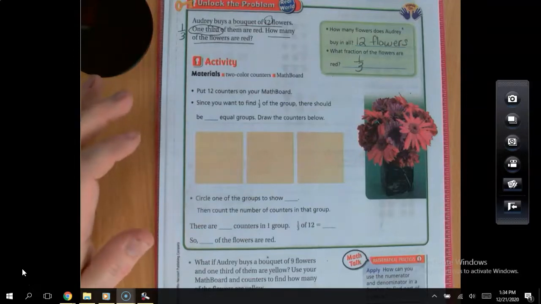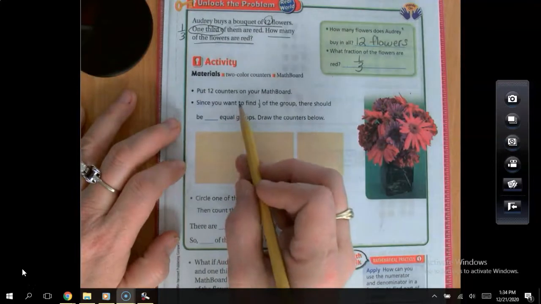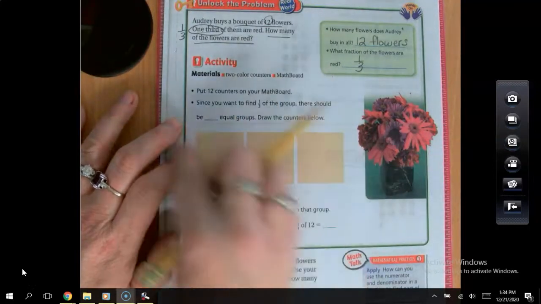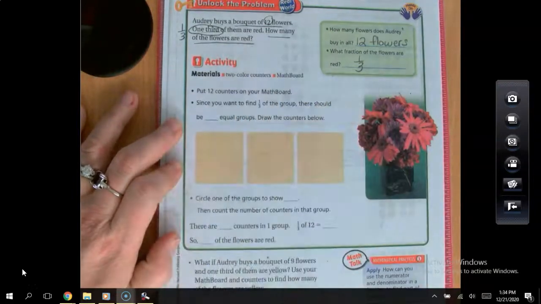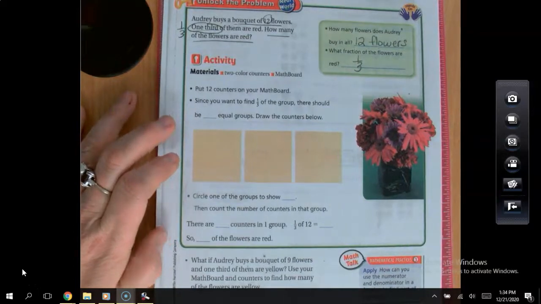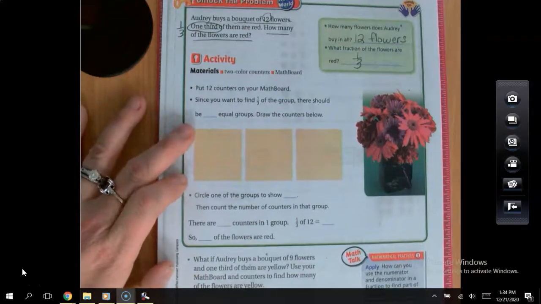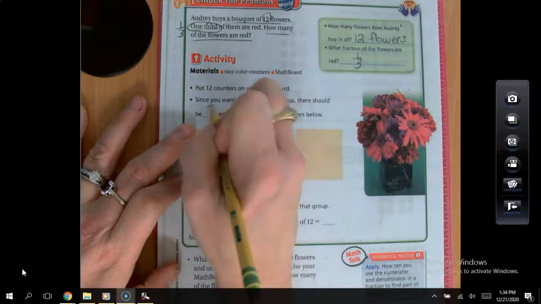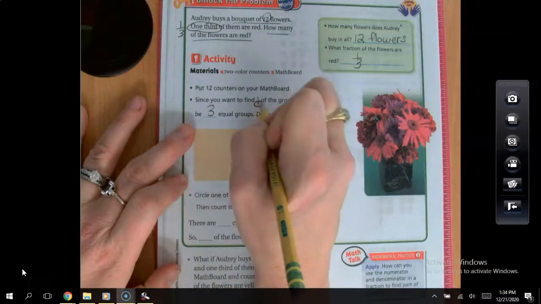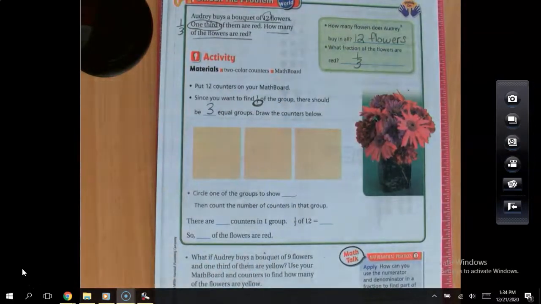So here's how we're going to do it. We're going to put 12 counters on our math board. And since we want to find 1/3 of the group, we need to have 3 equal groups, getting that 3 from our denominator in the fraction 1/3.